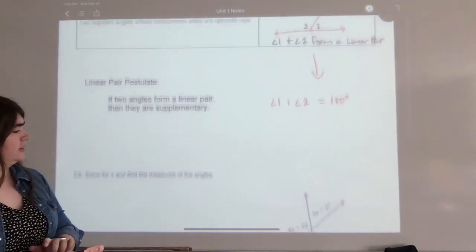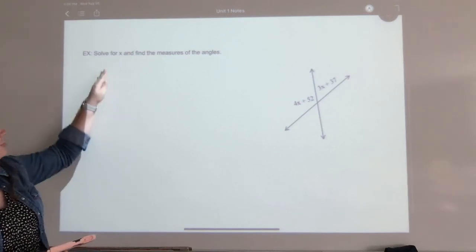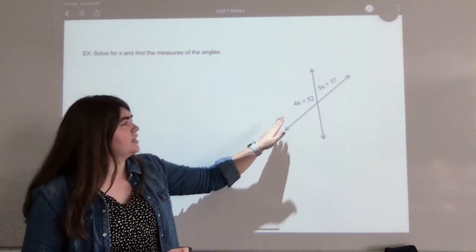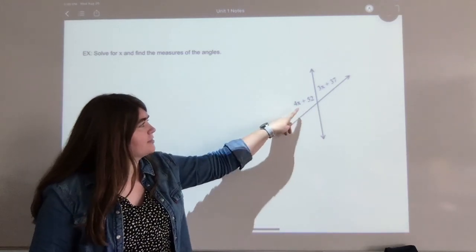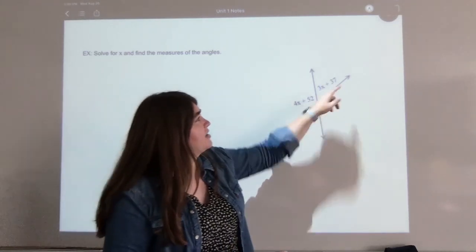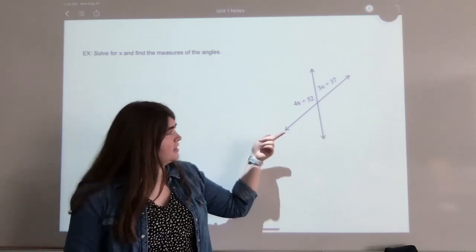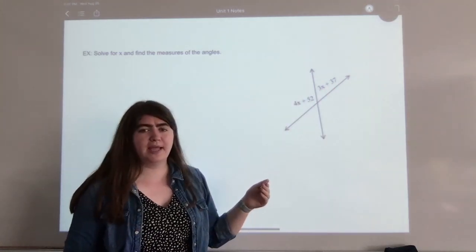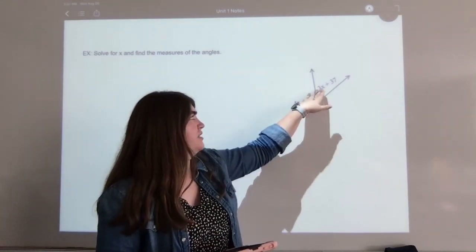All right, let's look at an example here. Solve for x and find the measures of the angles. So I have these two angles here, 4x plus 52 and 3x plus 37. I'm noticing that these are along a straight line, which means that they form a linear pair because they are adjacent angles.